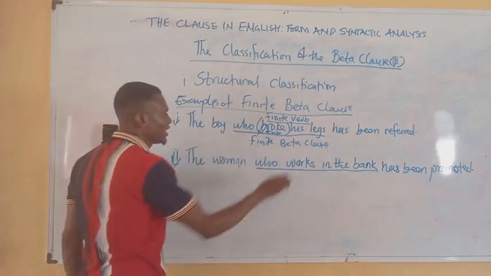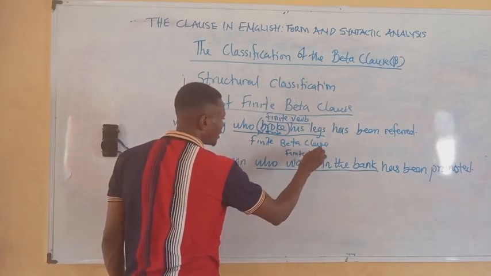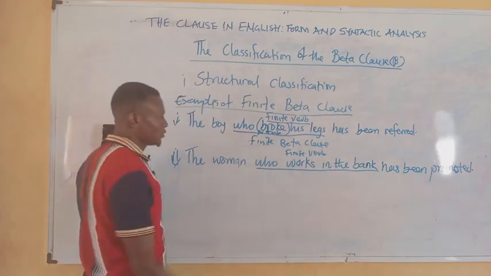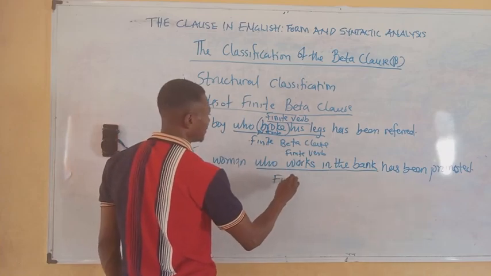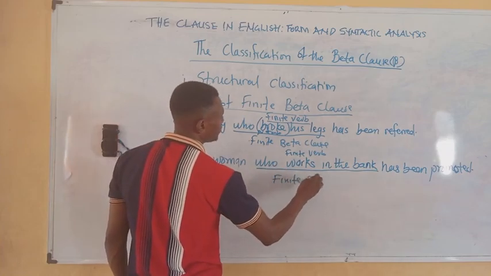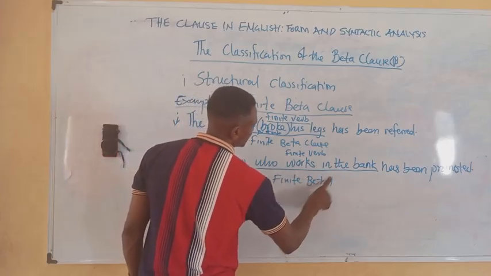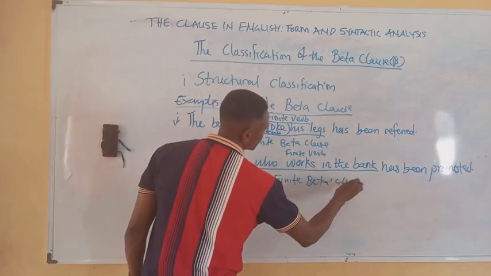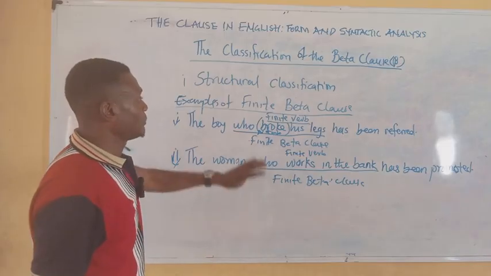In the bank. So, works here is a finite verb. So, this kind of group of words is referred to as a finite beta clause. That's how to identify a beta clause.